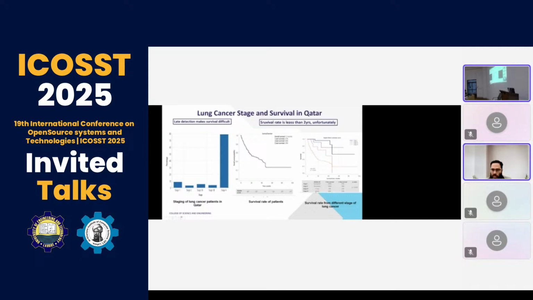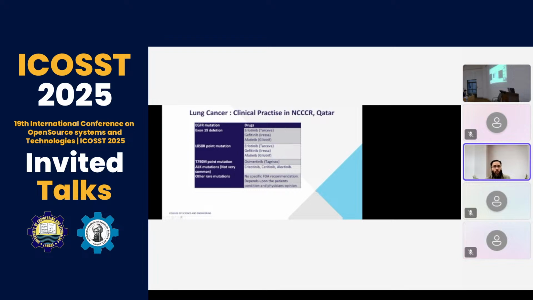At stage 4, they barely live for more than 18 months. That's why we need a proper treatment plan to extend the longevity of the patients. The drugs that are prescribed and approved by the FDA are different TKIs, tyrosine kinase inhibitors. And it depends upon the mutation on the genes.